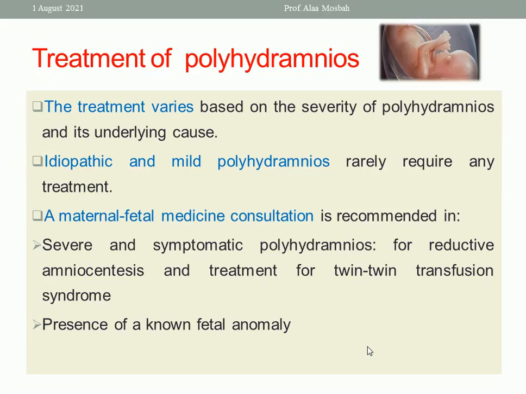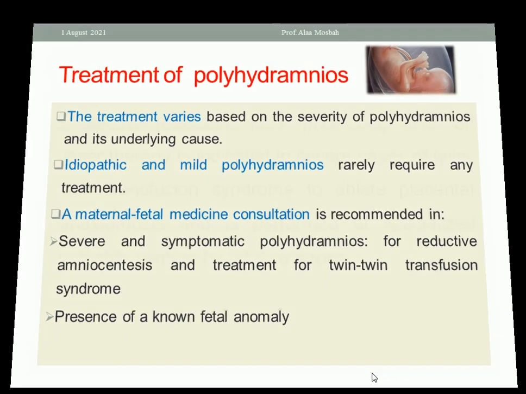Why? For reductive amniocentesis and for treatment of twin-to-twin transfusion syndrome if present. Also, in presence of known fetal anomaly. So this is the specialty of maternal fetal medicine in these cases with polyhydramnios.